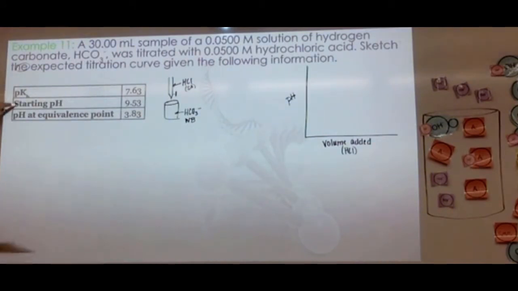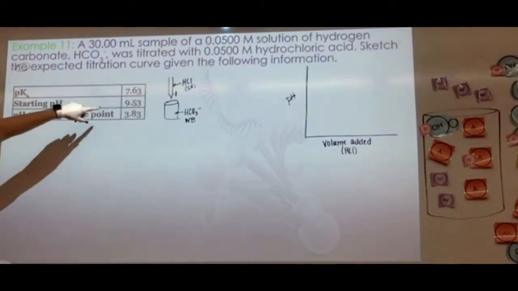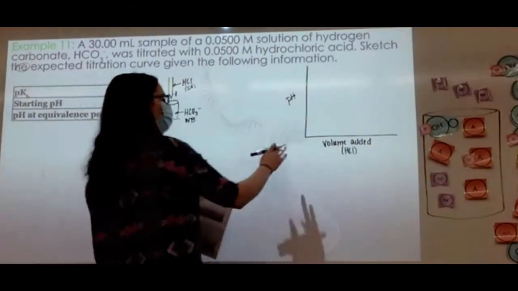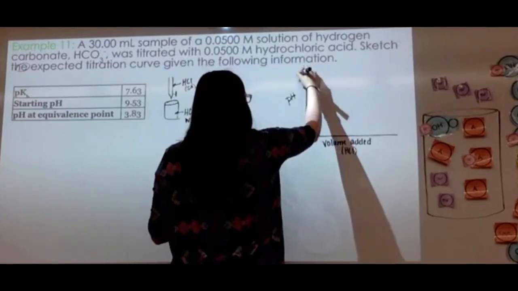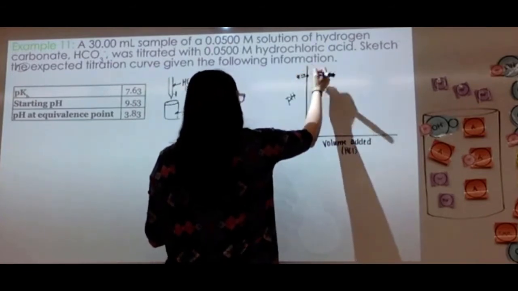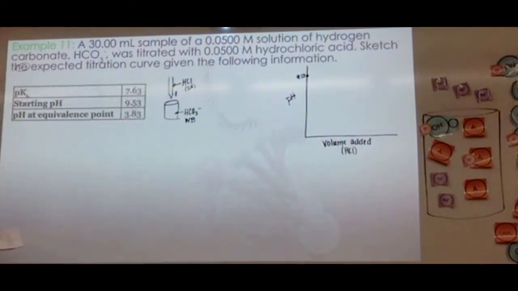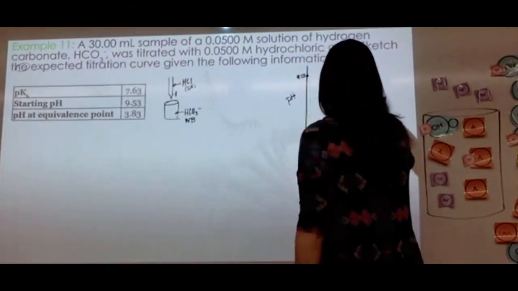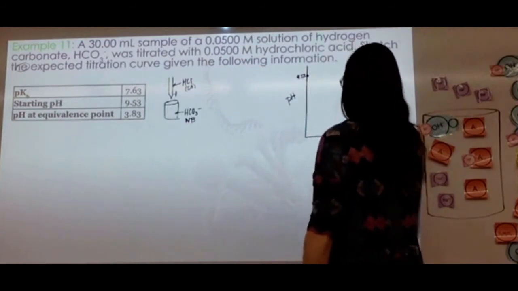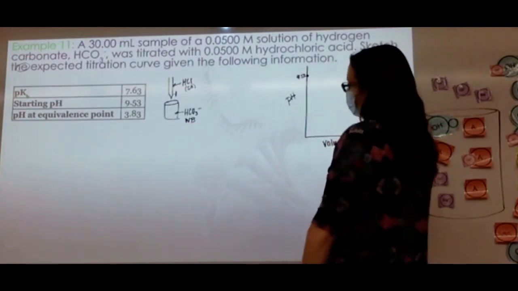Notice that they gave us the starting pH. So they tell us that before any HCl was added, the pH was 9.53. Then they tell us the pH at the equivalence point, which is somewhere out here, was 3.83.